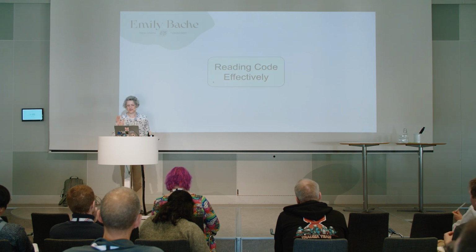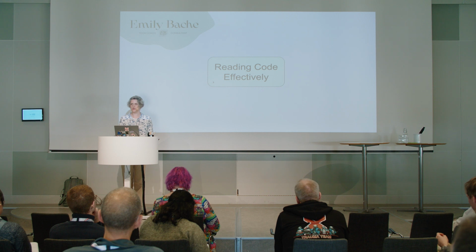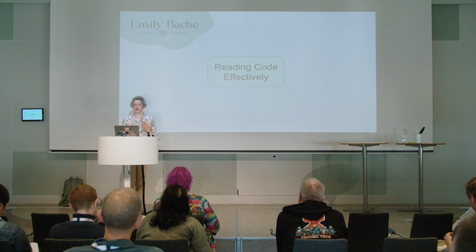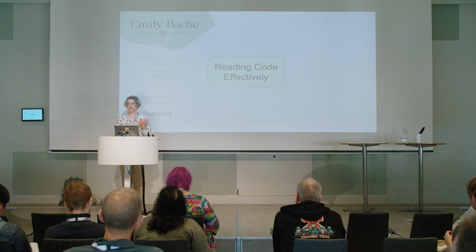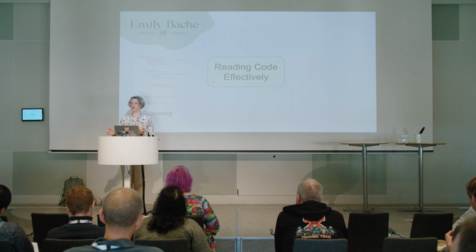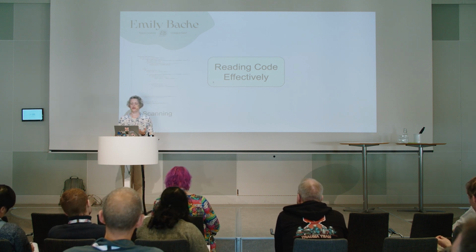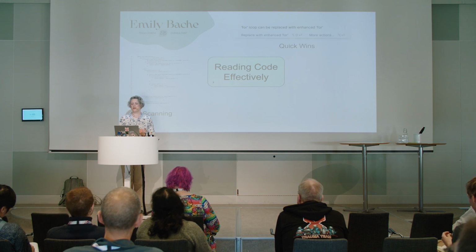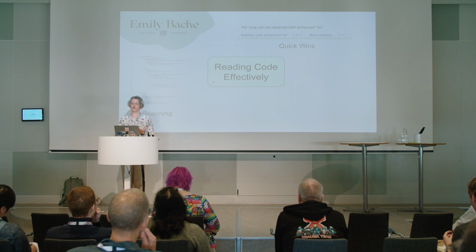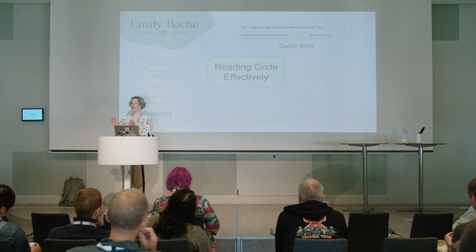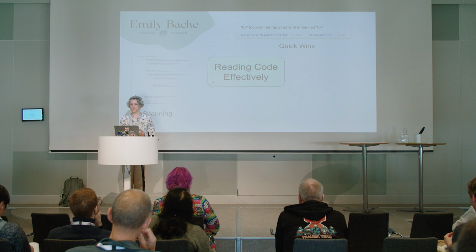So this is just to summarize what I've been talking about today. When it comes to reading code effectively, I think it helps to use some of these heuristics that I use when I'm reading code. Scanning is powerful: don't read the words, just look at the shape of it and learn to recognize patterns. Take the advice of the IDE with the quick wins, but also if you see a very obvious code smell that you can fix safely, fix it, extract that method.